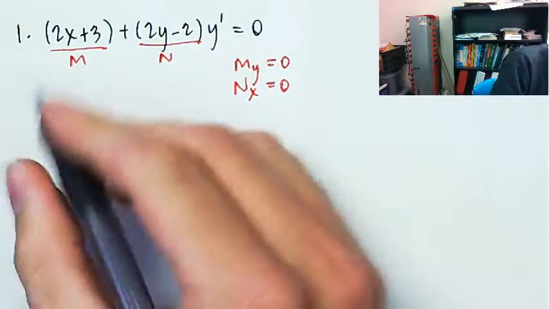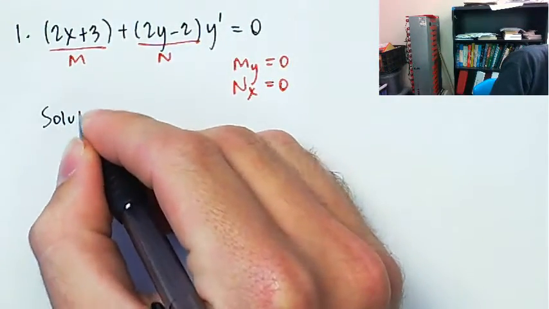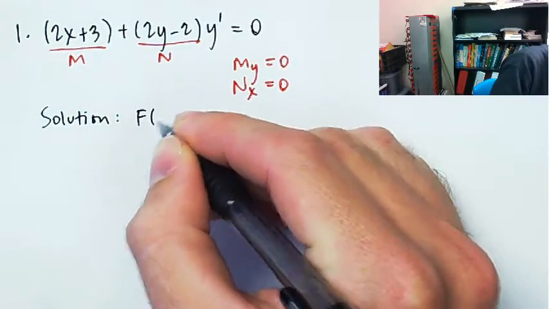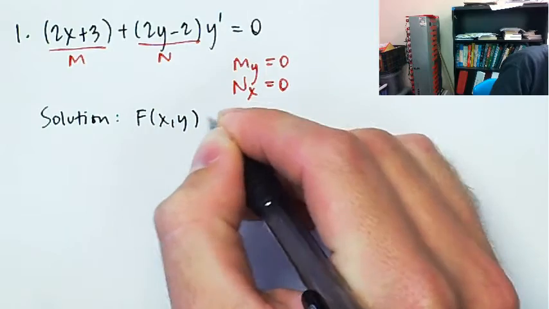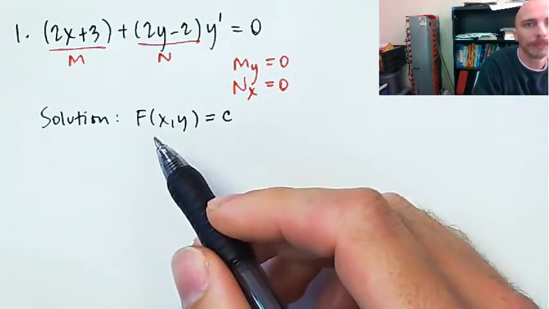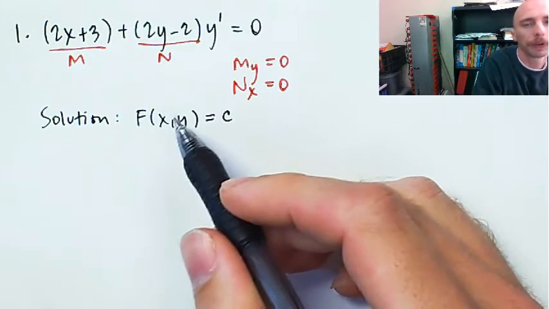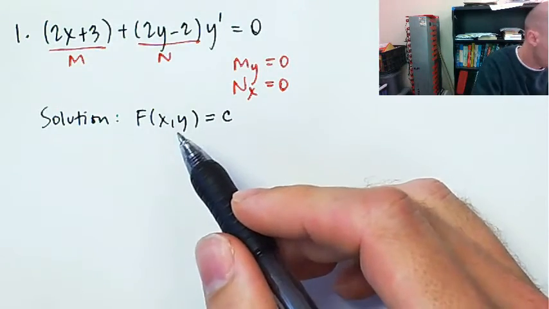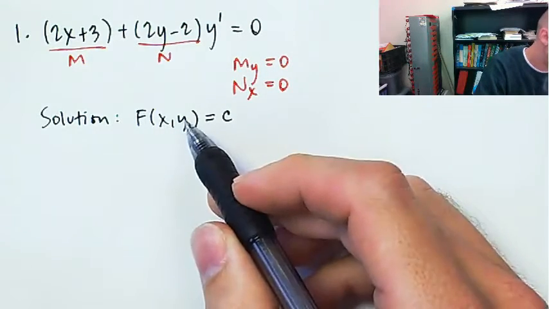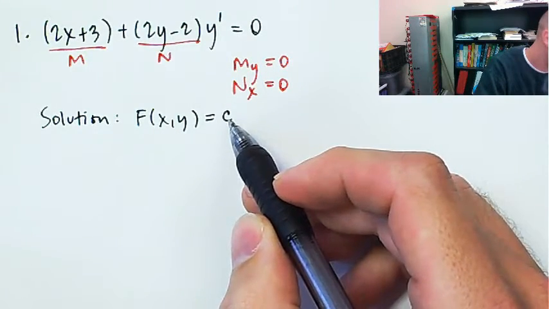So I know that my solution has the form f of x and y equals some constant. It's some level curve of a function that takes in 2 variables and gives you back 1, or you could look at it as an implicitly defined curve. Either way, it will have x's and y's on the left side and some constant on the right side.